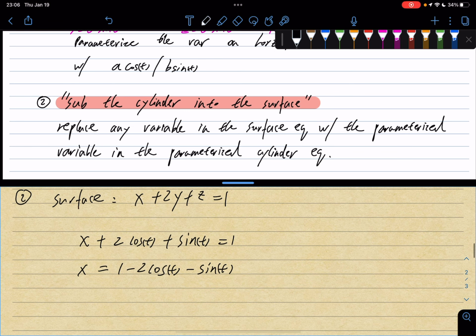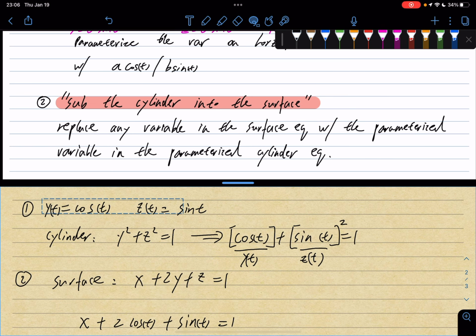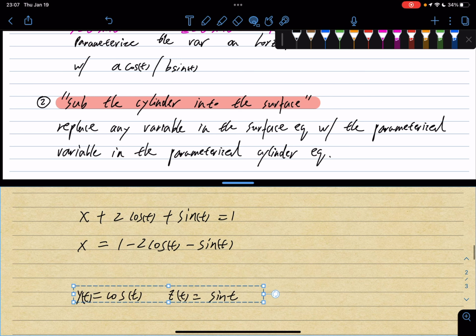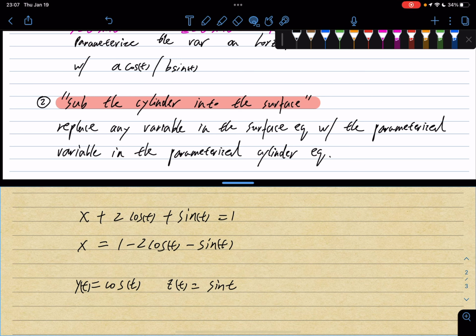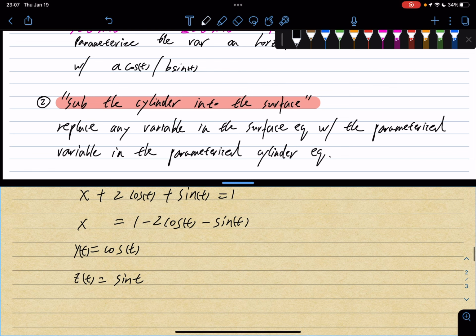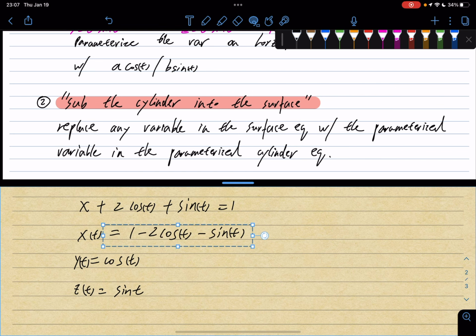After these two steps, what we end up with is y of t equals cosine of t, z of t equals sine of t, and we also have x of t equal to what we have just derived above.